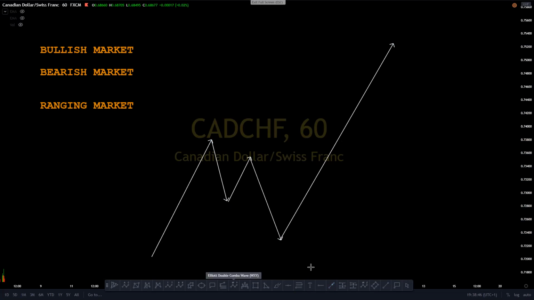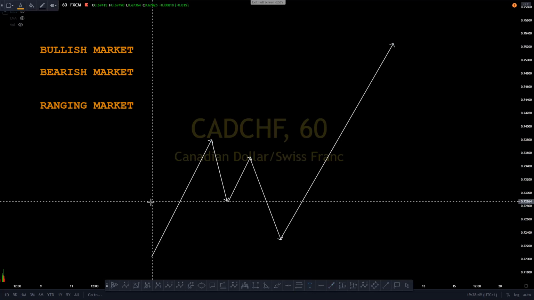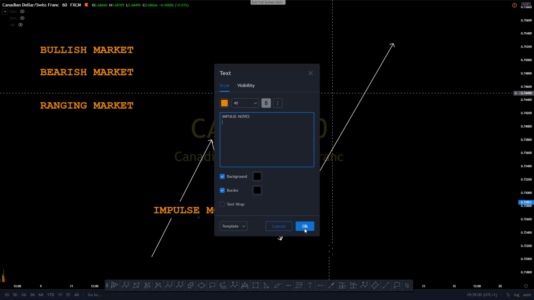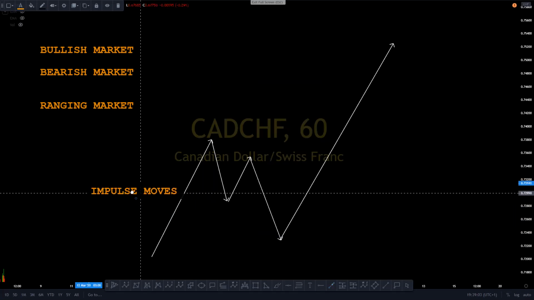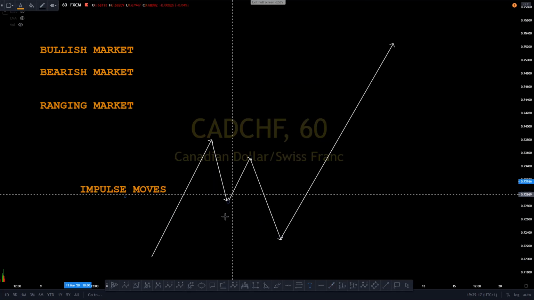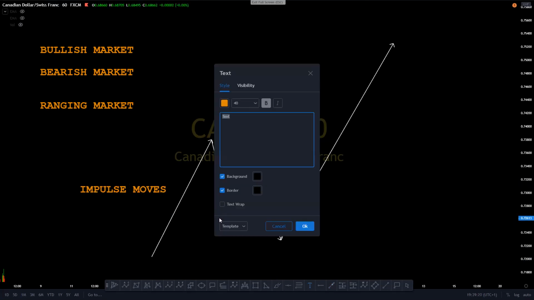So this trend that you're seeing here, we call it impulse. While this one that consolidates, we call it correction movement or ranging market. It corrects the previous move.